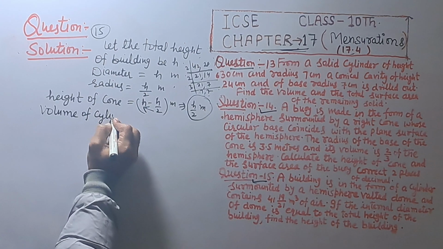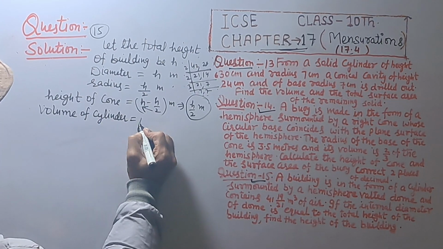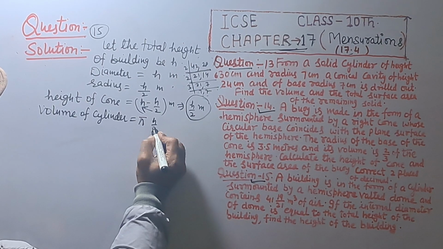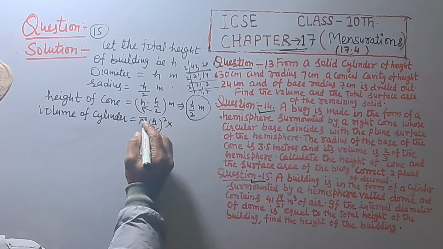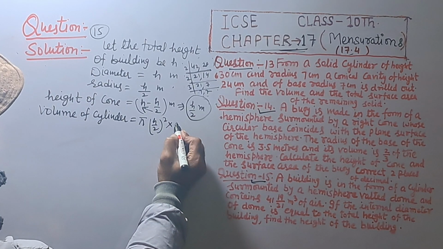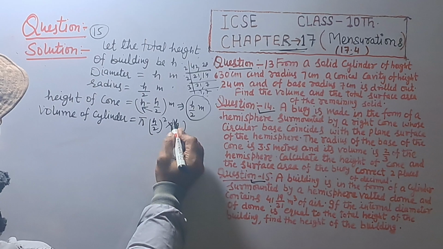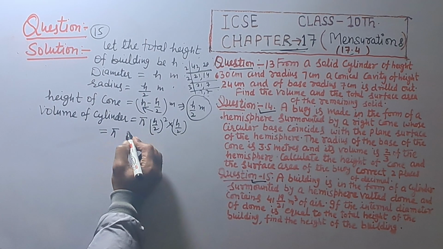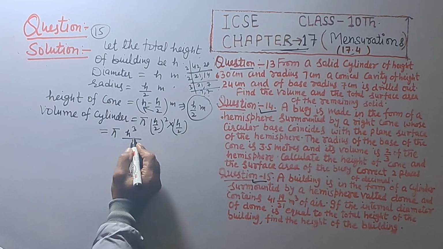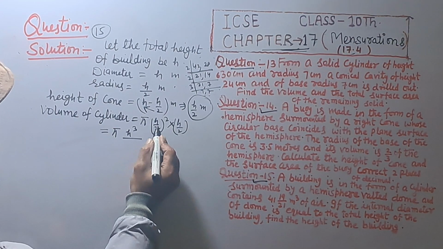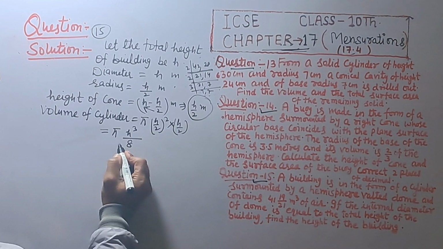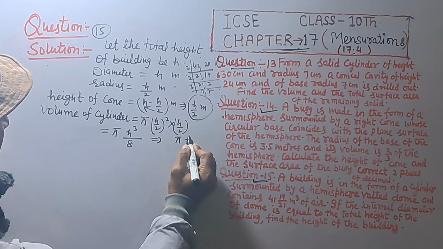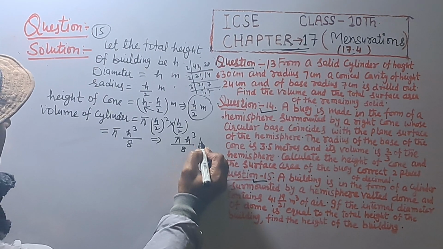Volume of cylinder is equal to pi into r square, where r is the radius h upon 2 square, and height is h upon 2, that is pi into h cube upon 2 to the power 3, which is 8, which implies pi h cube upon 8 meter cube.